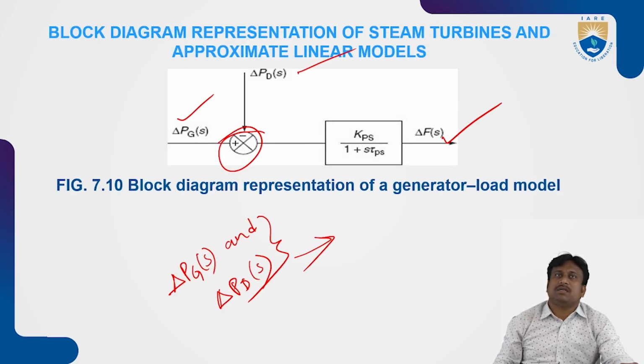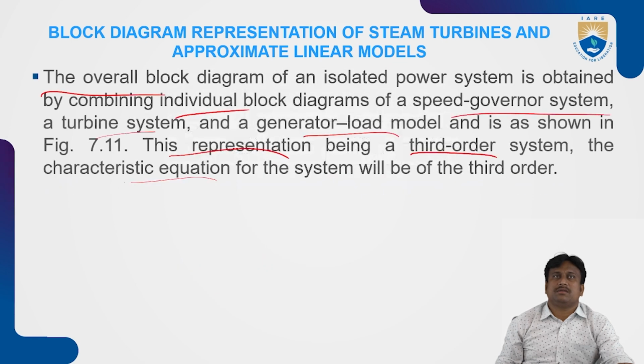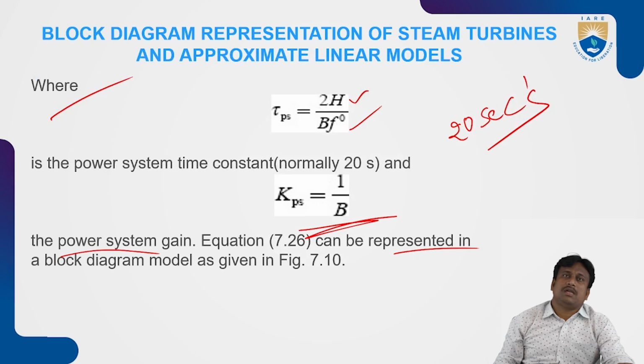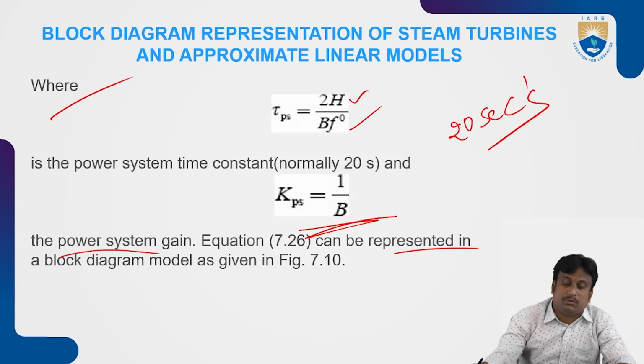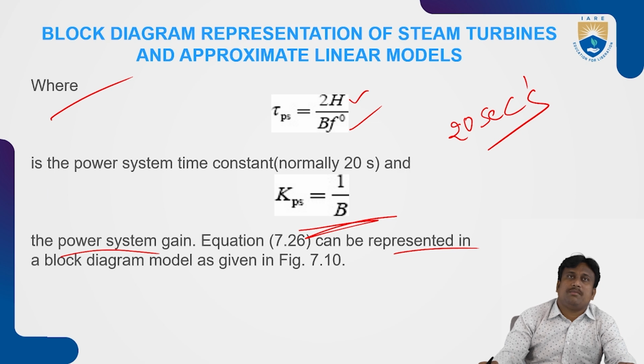So likewise the parameters we assumed are considered in the various blocks associated with the system. They are ready to work with the consideration of the PG of S and the PD of S systems, and they are going to change with respect to the frequency parameters. And whatever load model considerations we took as parameters are treated as constant parameters with respect to the power system gain.